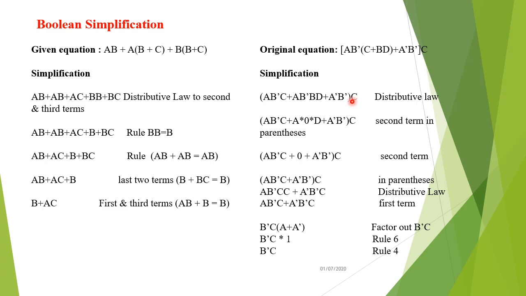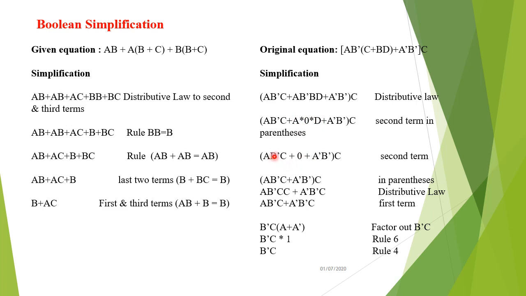Now in this particular expression we can find the ANDing of the complement of a variable with the same variable. So definitely the result turns out to be 0. And as there is ANDing of A and D with the 0, this whole term gets reduced to 0.